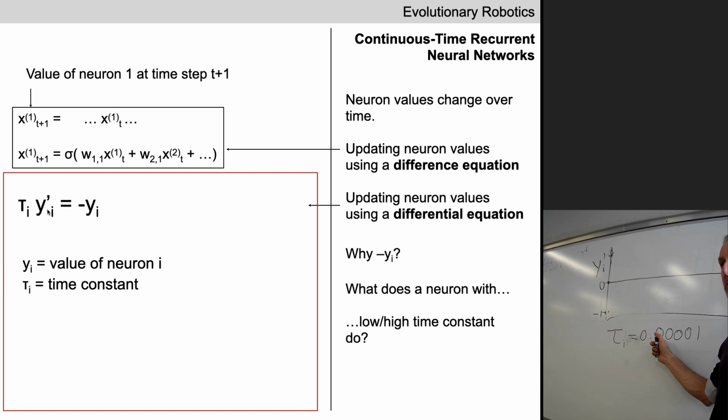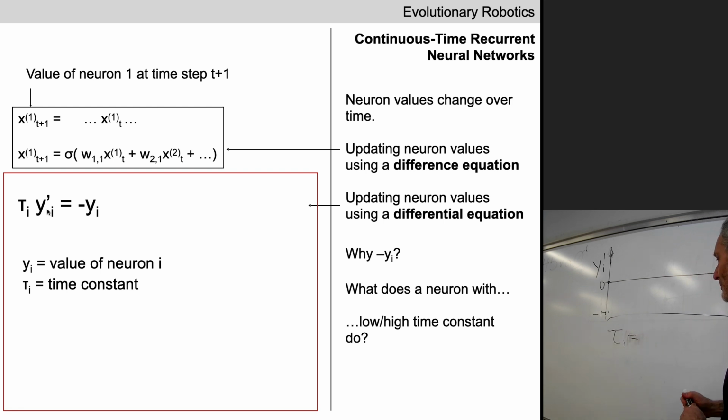But in real-world problems, you don't know what the time constants for the neurons should be. As we're going to see in a few minutes, evolution, the evolutionary algorithm, will take over, and it's going to try and find synaptic weights to get the robot to do whatever we want it to do, and it's going to try and find time constants as well. Okay, we'll get there in a minute.